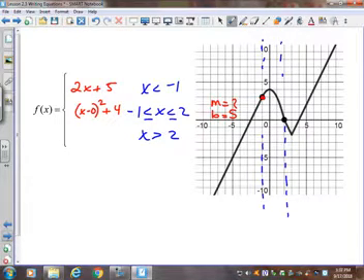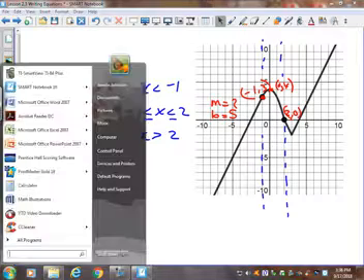You'll take this point, negative 1, 3, and you'll take this point 0, 4, and you'll take this point 2, 0, and you'll stat calc this part of your problem. So we're going to come back and do that in a minute, because my calculator's not up yet.